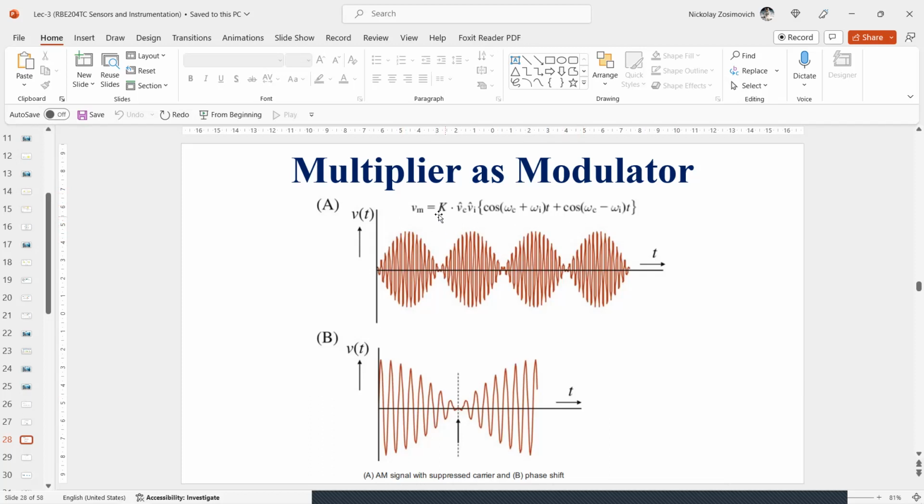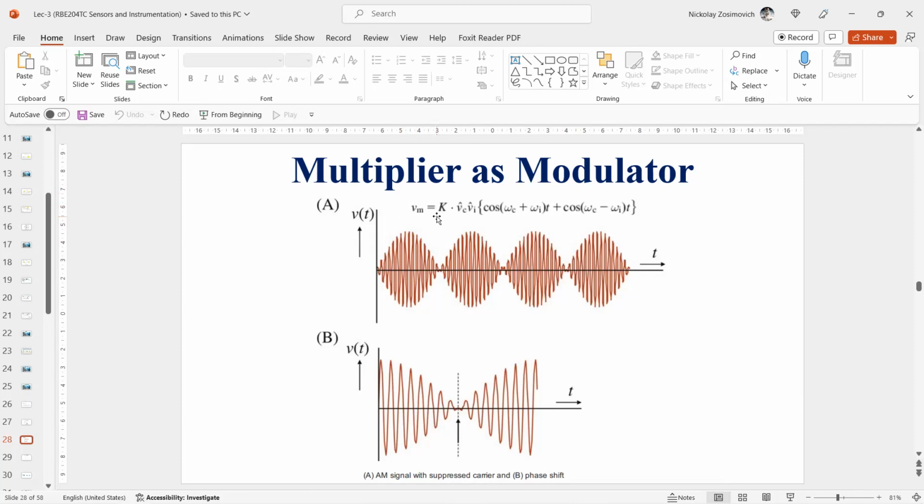Here, the capital letter is the scale factor of our multiplier. This signal contains only the two sideband components and no carrier. In this case, it is called an AM signal with suppressed carrier.